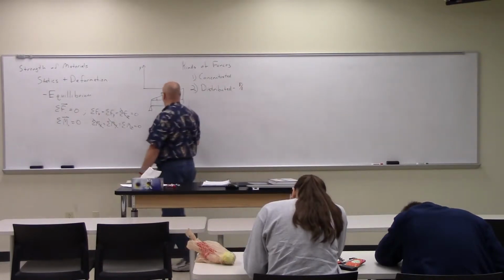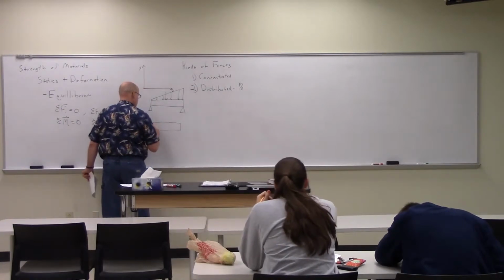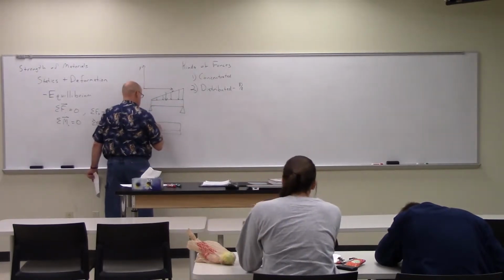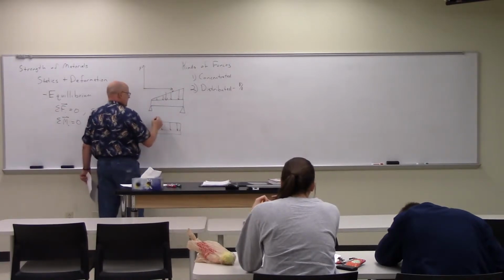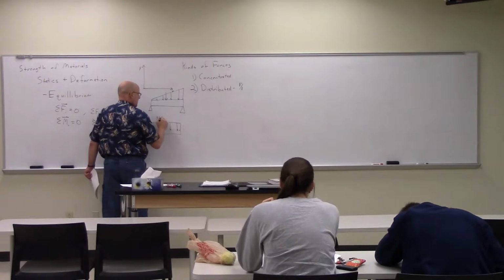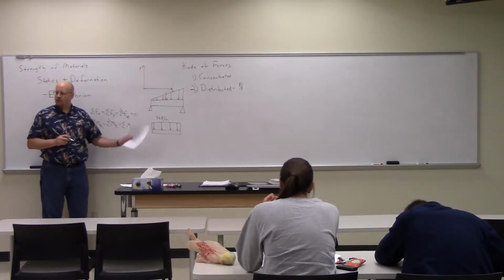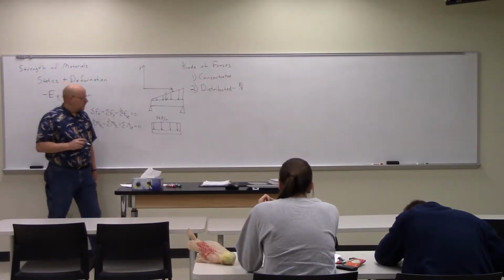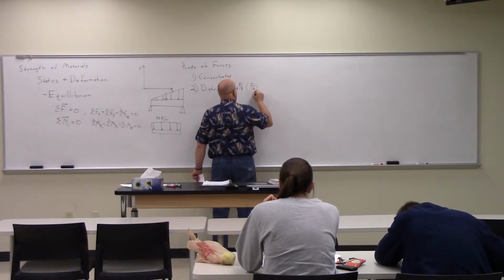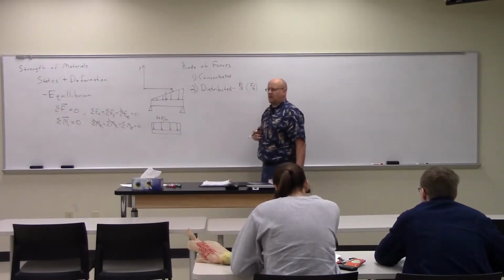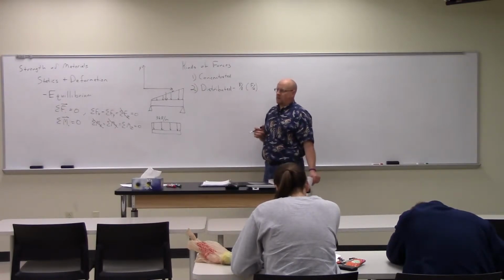So if it was a uniform distributed force on my beam, I might have something up here that says 3 kilonewtons per meter. Right? There's a force per unit length. Or it could be a force per unit area, though I doubt you probably covered much of that in statics. Probably not a lot of two-dimensional force distributions. There might be some.